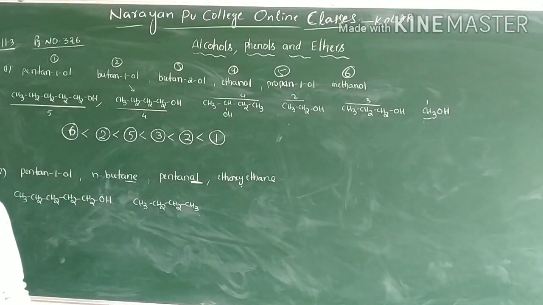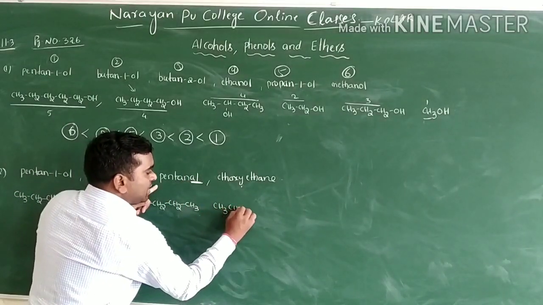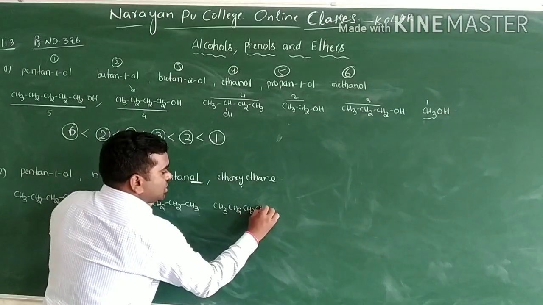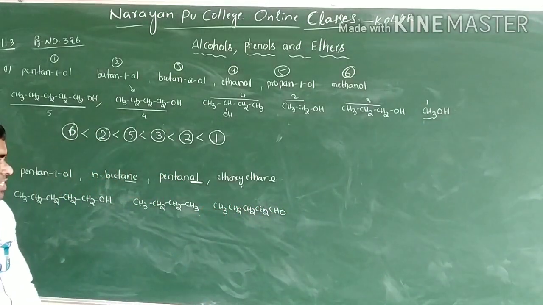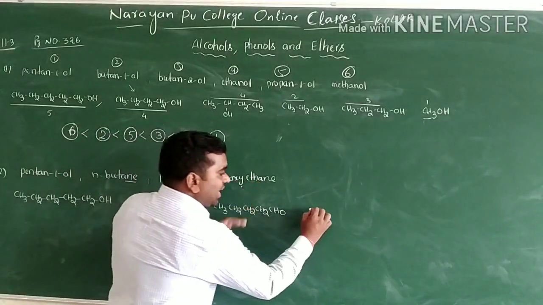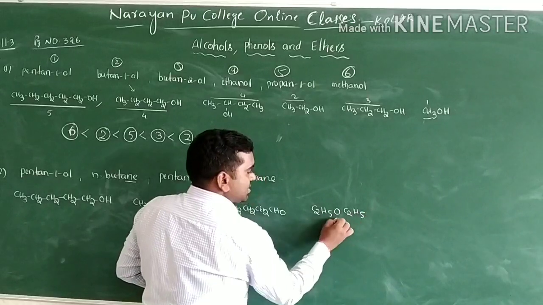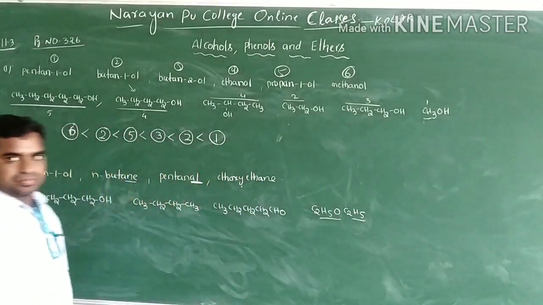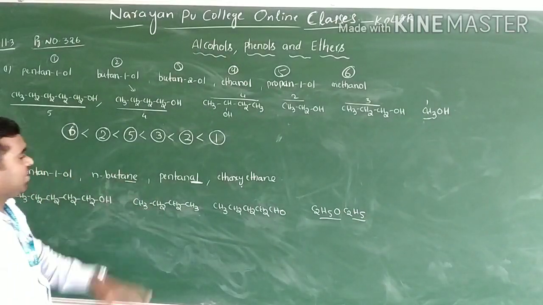Al means aldehydes. So pentanol means CH3, CH2, CH2, CH2, CH2, 1 2 3 4 5 carbons. That is pentanol. Ethoxyethane. You know, ethoxyethane. This is ethoxyethane. Yeah, these are the formulas of the given compounds.